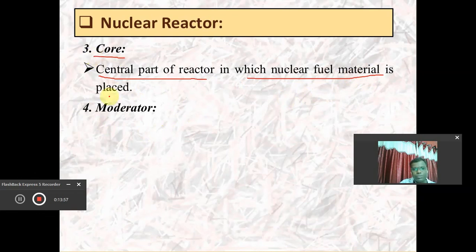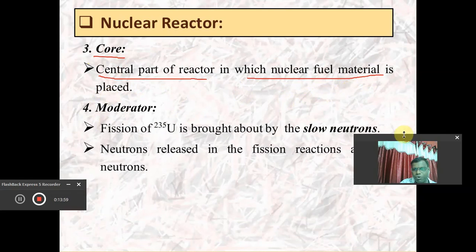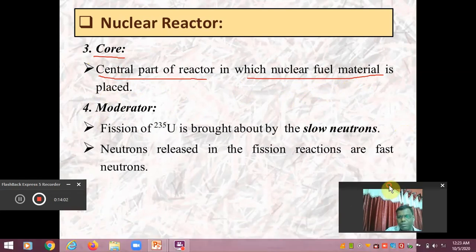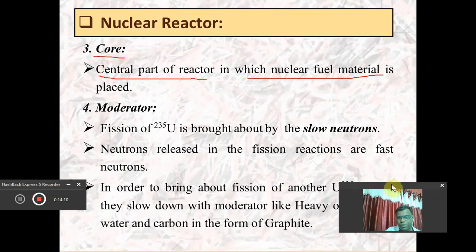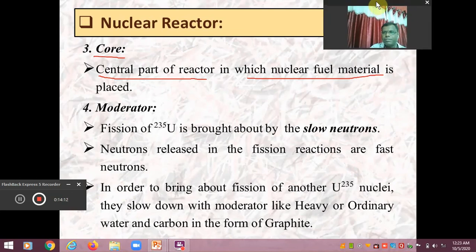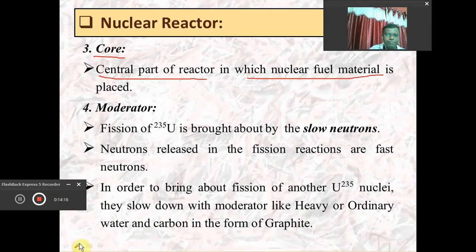The next component is called the moderator. Moderator, definitely the word itself indicates that it is involved in some process. So what is this moderator? This moderator has one of the important functions in the nuclear reactor.